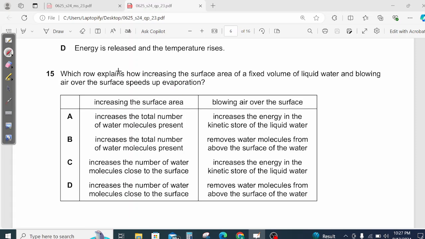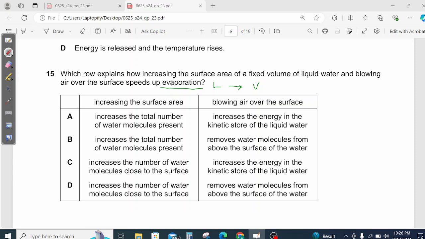First of all, you have to understand what evaporation is. Evaporation means conversion of liquid into vapors at any temperature.